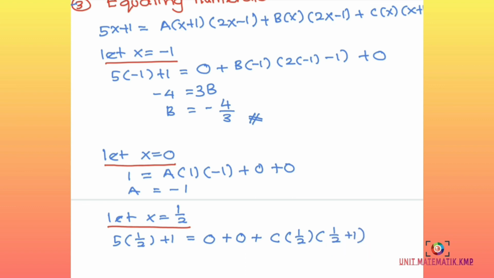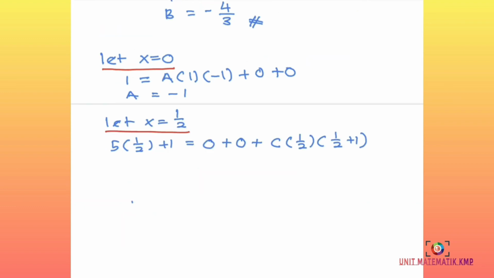Can you find the value of C? On the left hand side we have 5 over 2 plus 1, which is 7 over 2, right? On the right hand side is C times 1 over 2 times 3 over 2, so we have 3C over 4 is equal to 7 over 2.